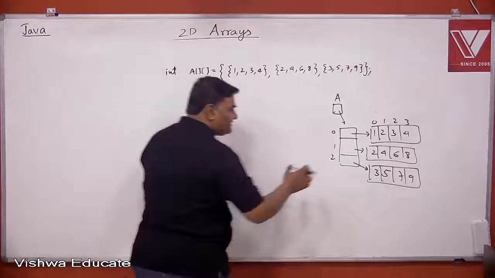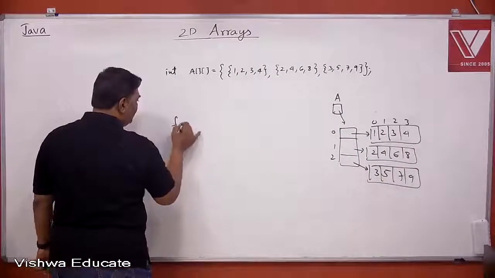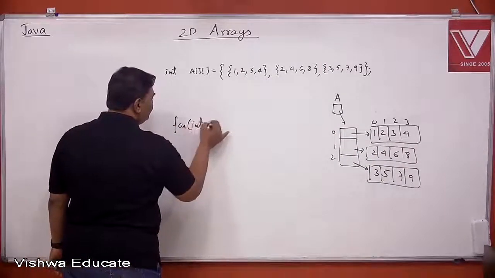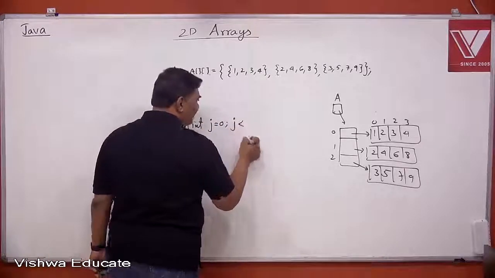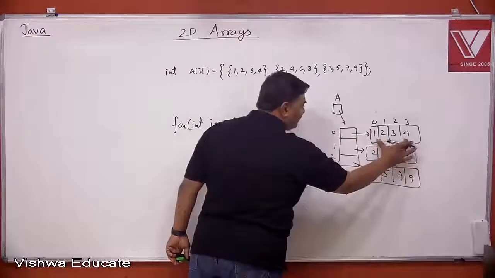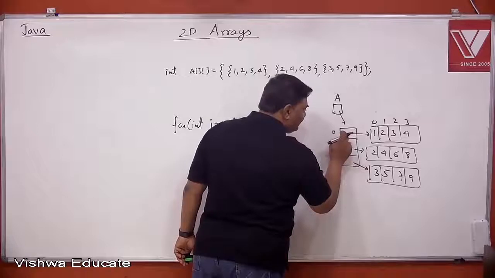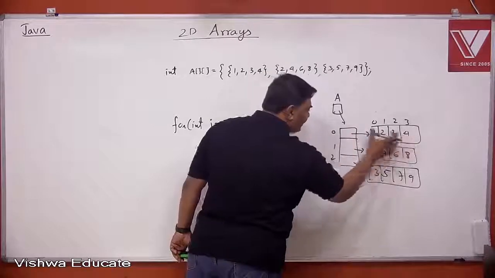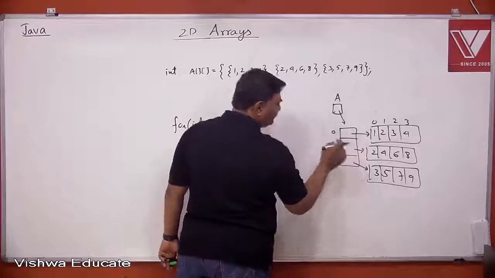See, I just want to display this row. So for integer j assign 0, and j is less than what? This length. So what is the length of this? A of 0's length, this is a reference. See, this is an array, this is a reference to an array, and this is a reference to this array of references.